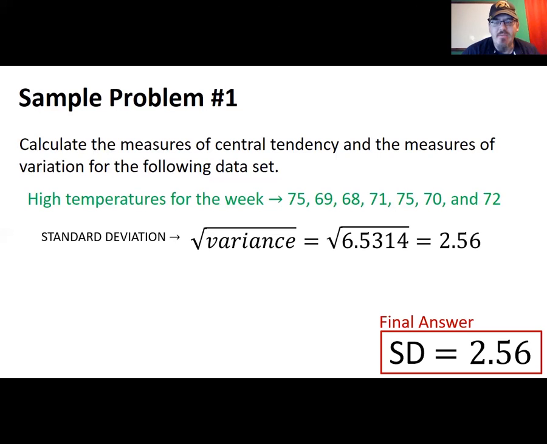A lot of times, if you see a data set and they give you a plus or minus something, it's to give you an indication of what the typical values are. Poll values are a good example. When you see polls for political elections and things like that, they use the standard deviation as a way to show you how accurate the mean is and where the typical values might fall.